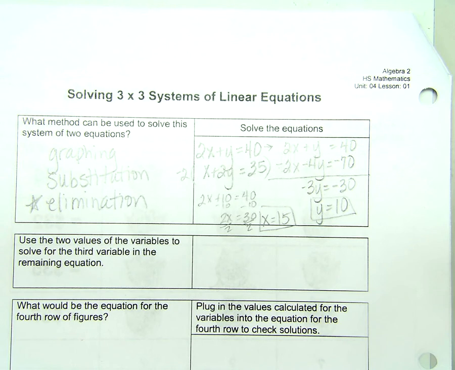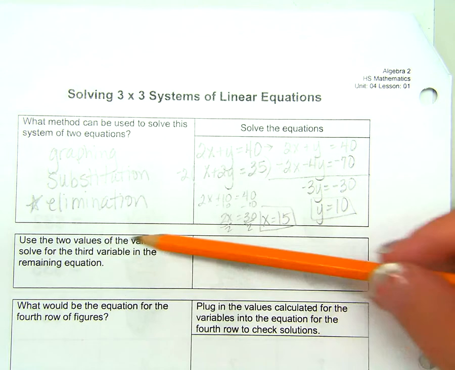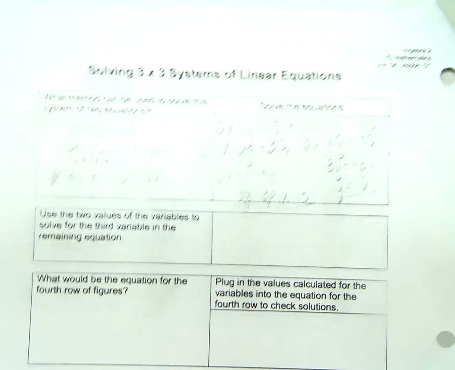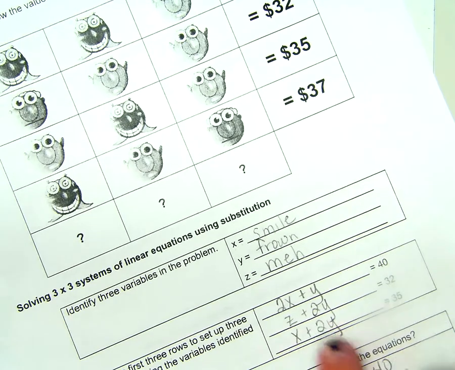What? Oh, but do I have to write this as a coordinate? That's a very good question. Isn't this just a smaller part of a bigger system? Yes, so I have to figure out everything now. Use the two values for the variables to solve for the third variable in the remaining equation. Well, my remaining equation is the middle one, right?